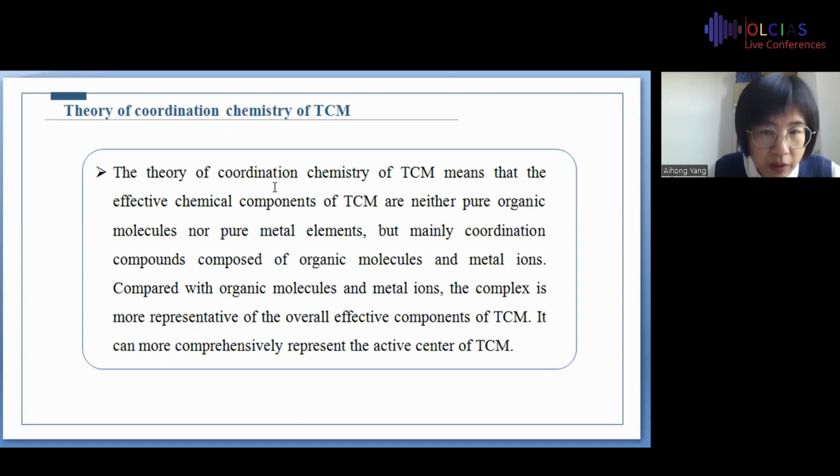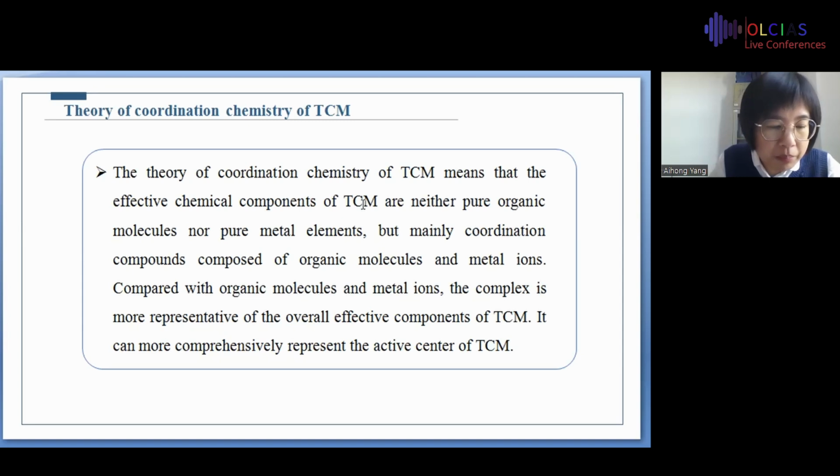The theory of coordination chemistry of TCM means that the effective chemical components of TCM are neither pure organic molecules nor pure metal ions, but mainly coordination compounds composed of organic molecules and metal ions. Compared with organic molecules and metal ions, the complex is more representative of the overall effective components of TCM.